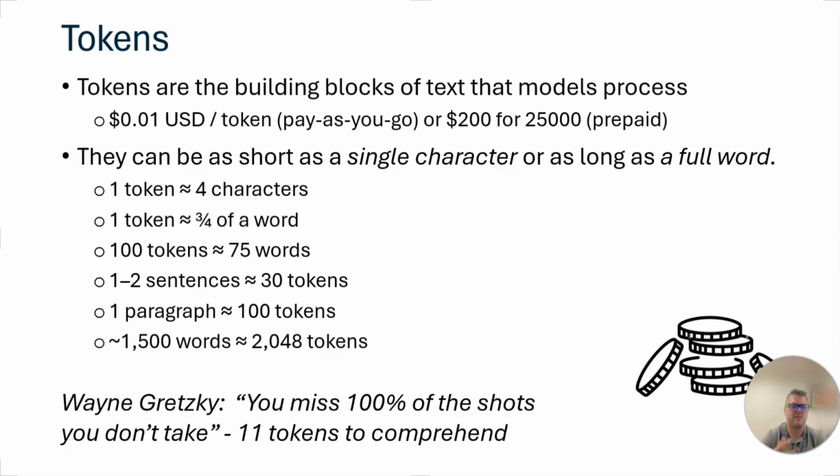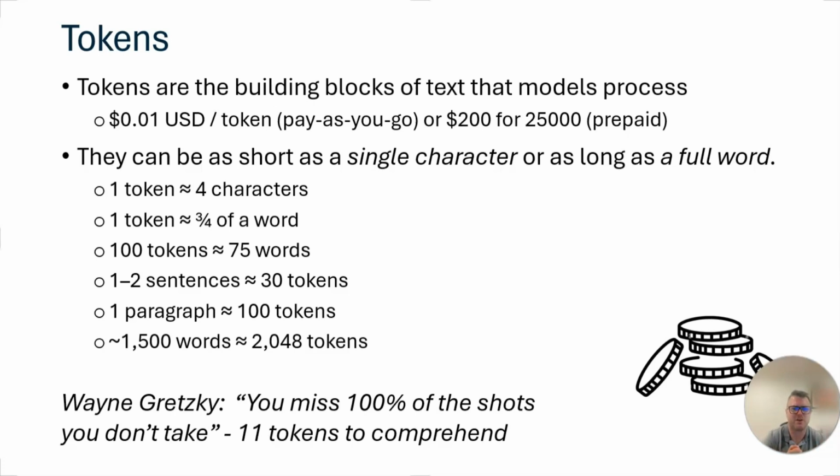So I gave a few examples on here. I'm not going to go through all of them, but a token can be as little as a fraction of a word. It can be a single character or a full word, depending on what it is. It's just how AI breaks down the understanding or the comprehension of what it's reading or consuming.